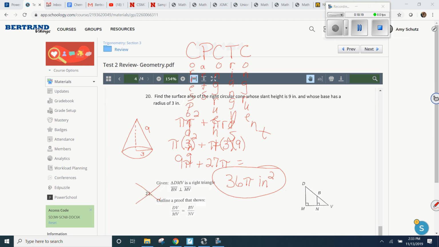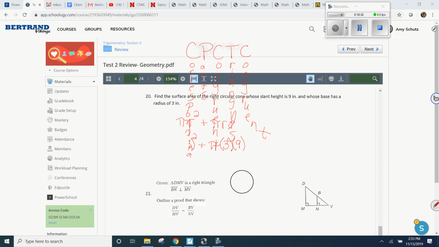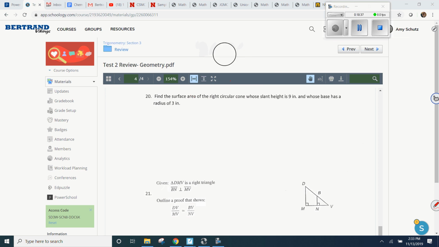Corresponding parts of congruent triangles are congruent. Would you want all the ways you can define a triangle, or like prove that they're similar? Yes. Known as the congruency postulates, or ways you can prove triangles are congruent to each other. There should be 4 of them. Do not put down ASS because angle side side is not one of them.